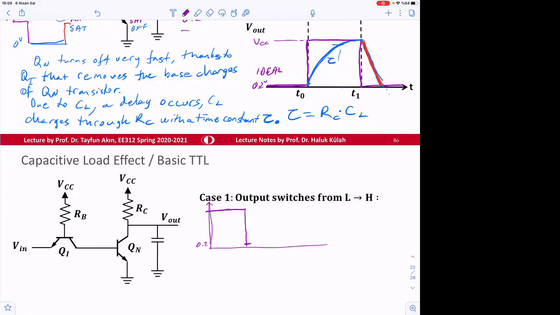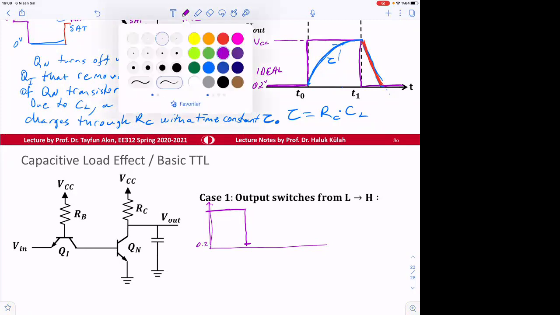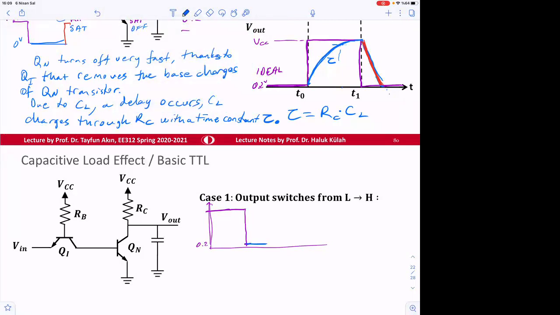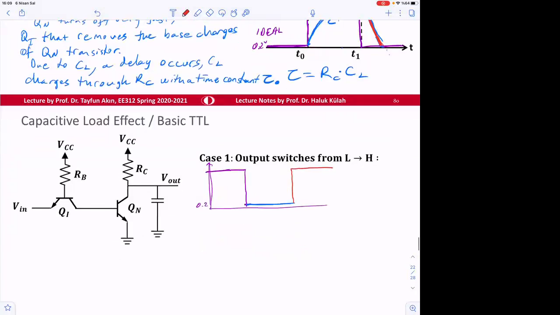Okay, then it goes to, let's say, blue here. And then it will go to red here. Okay, so this is Vn. In the time scale, this is time scale.